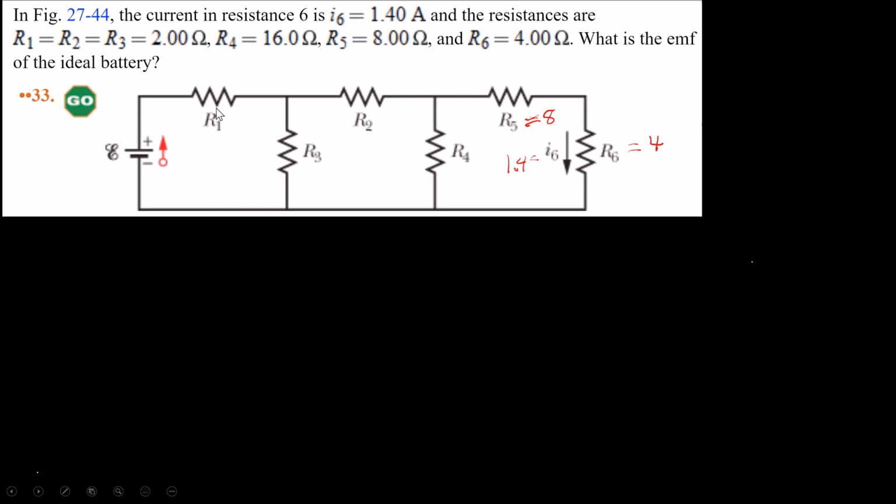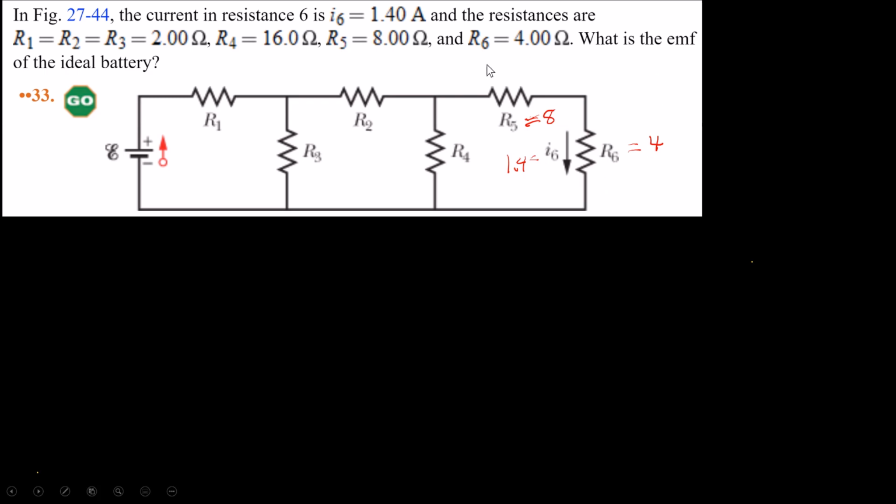And then you need to have the I's, the currents. In order to find them, we see what information we can get from the values that we have.